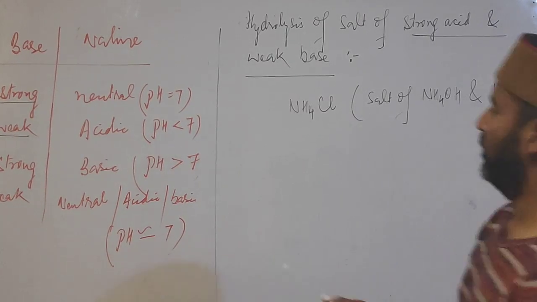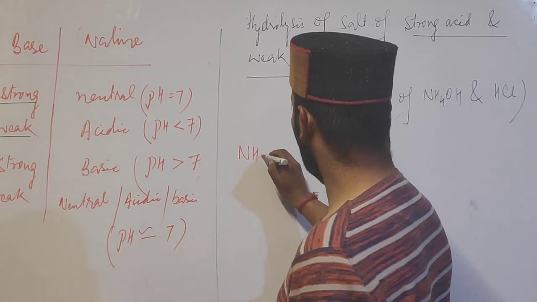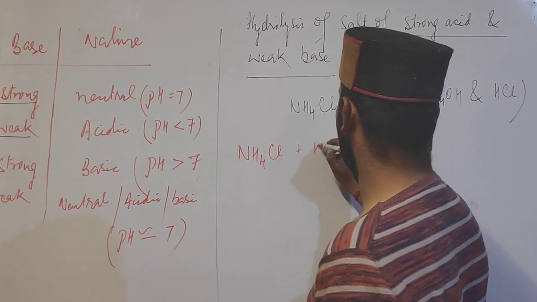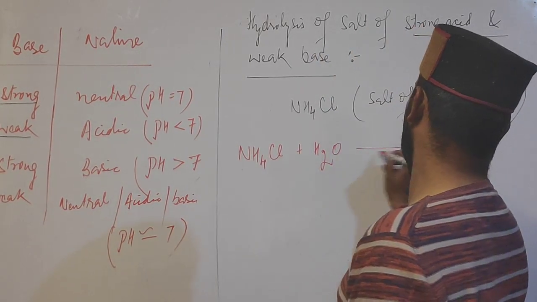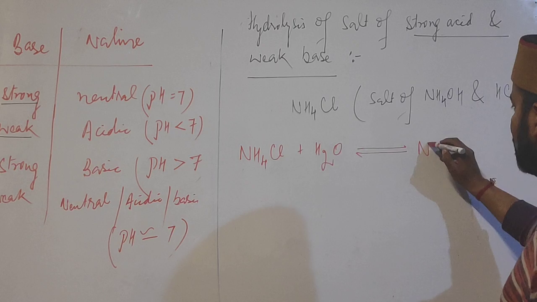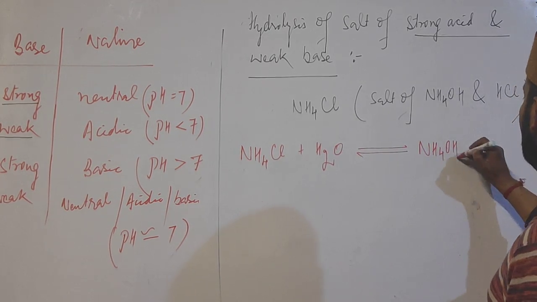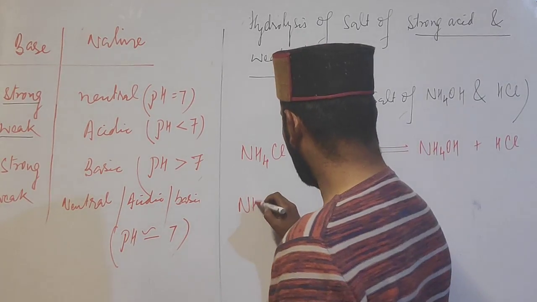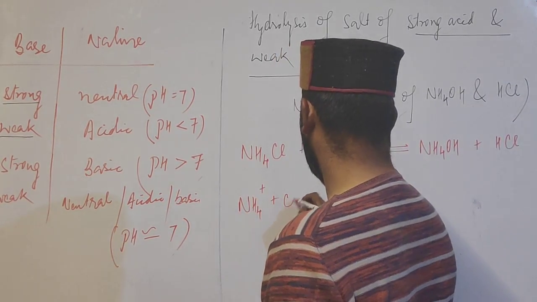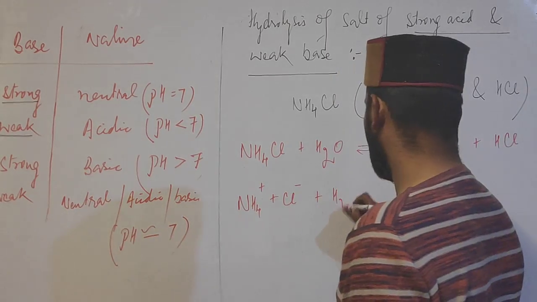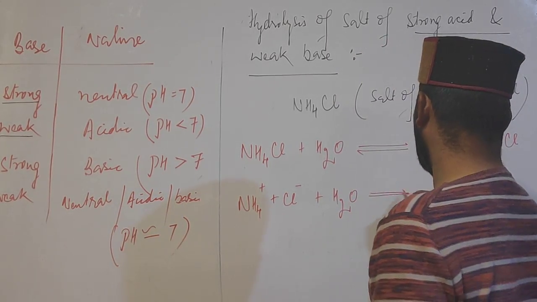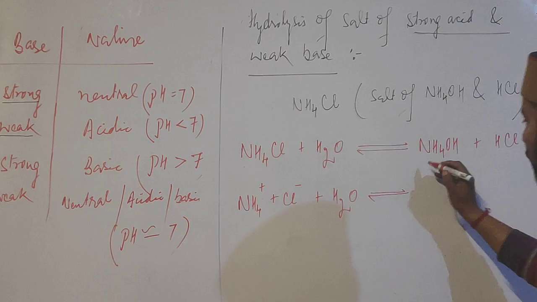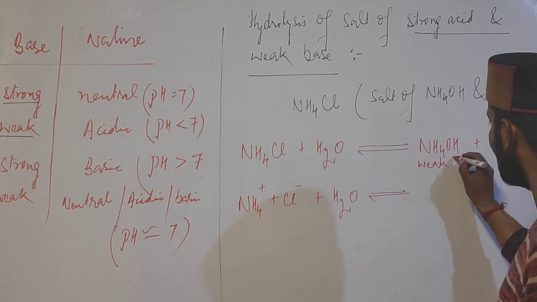Now students, when ammonium chloride undergoes hydrolysis, it will give the base ammonium hydroxide and the acid HCl. But actually upon hydrolysis what happens is that we are getting a base, but the base is weak. Now what do you mean by weak base?